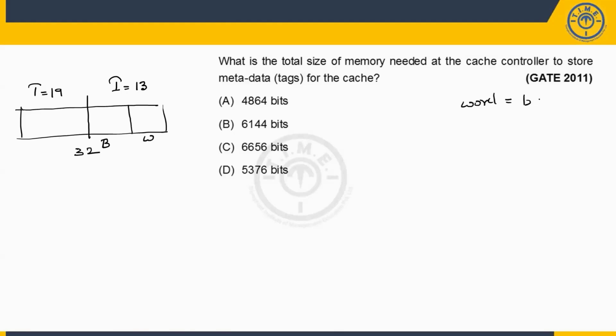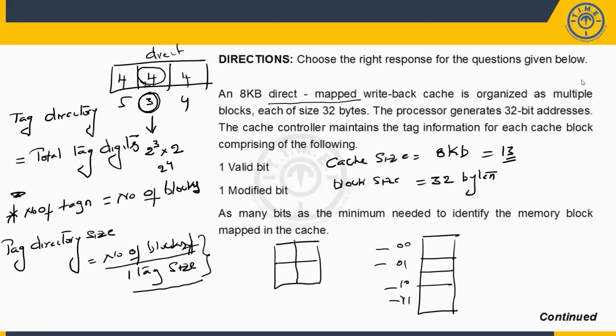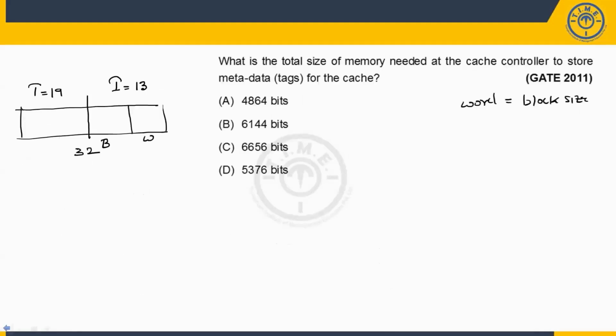Word field is equal to block size. Block size is equal to 32 bytes. If it is 32, we require 5 digits. So this is 5. 13 minus 5 is equal to 8, and this is 19. So the number of tag digits is equal to 19.